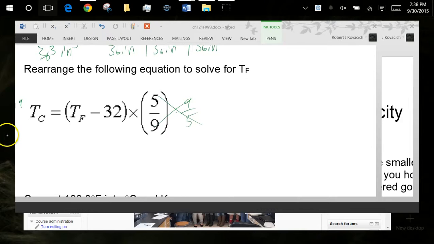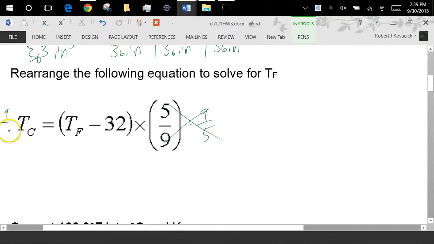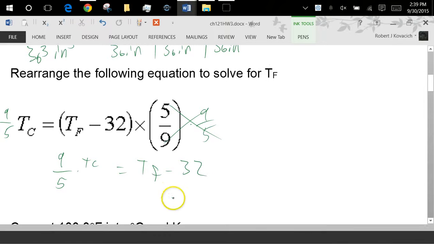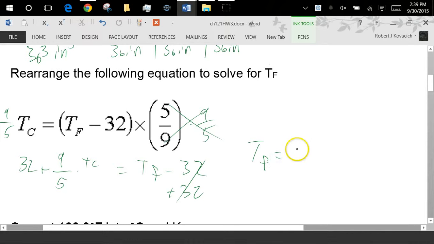So I'll get 9/5 temperature Celsius is equal to temperature Fahrenheit minus 32. Then I'll add 32 over here, and I'll add 32 over here, and so I get temperature Fahrenheit is equal to 9/5 temperature Celsius plus 32.